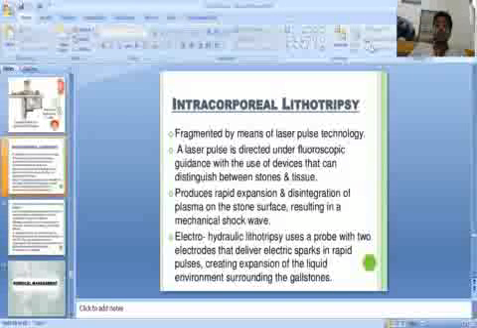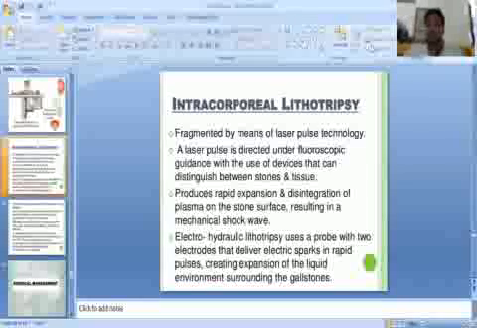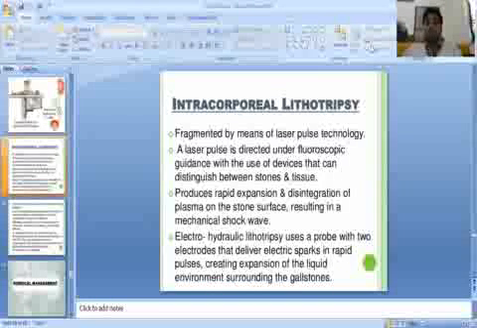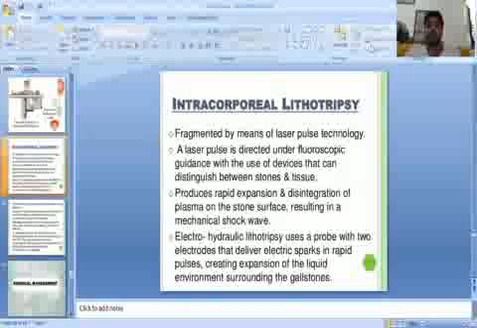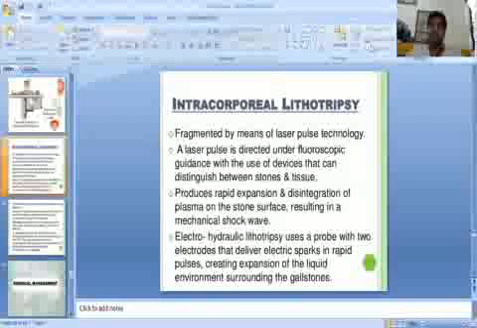Stones are fragmented by means of laser pulse technology. A laser pulse is directed under fluoroscopic guidance with the use of a device that can distinguish between stones and tissue, producing rapid expansion and disintegration of plasma on the stone surface, resulting in a mechanical shock wave.